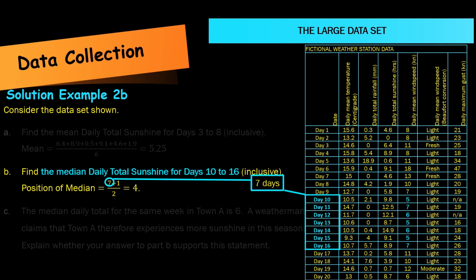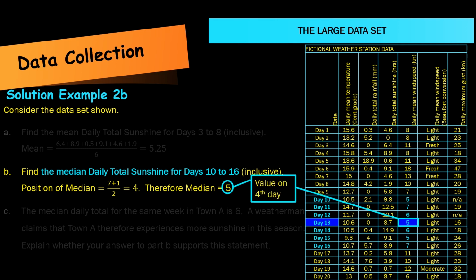So the position of the median is 7 plus 1 divided by 2, which is equal to 4. So we need to consider the 4th day out of these 7. And on the 4th day, the median equals 5, as this is the value on the 4th day.